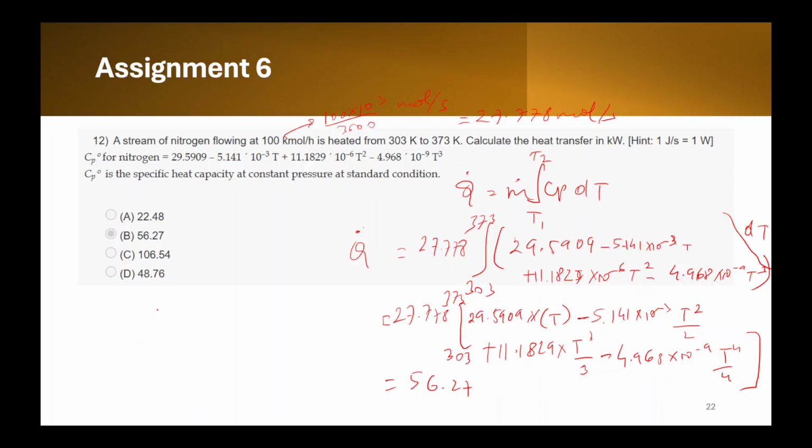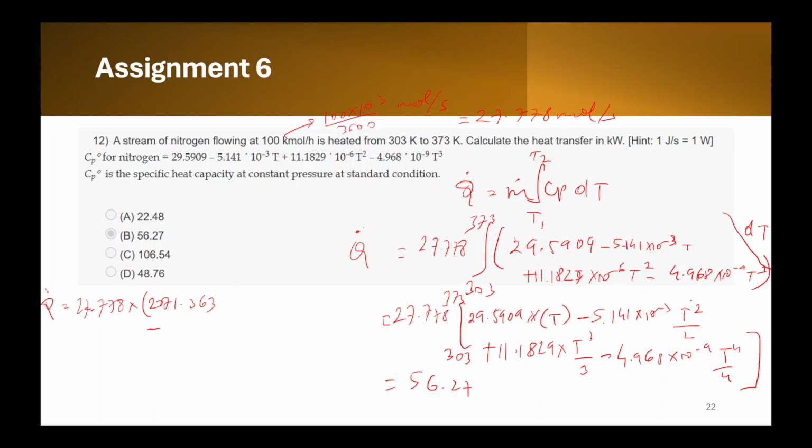So I can write this here as 27.778 into the first term, which comes out to be 2071.363, then minus 5.141 into T1.